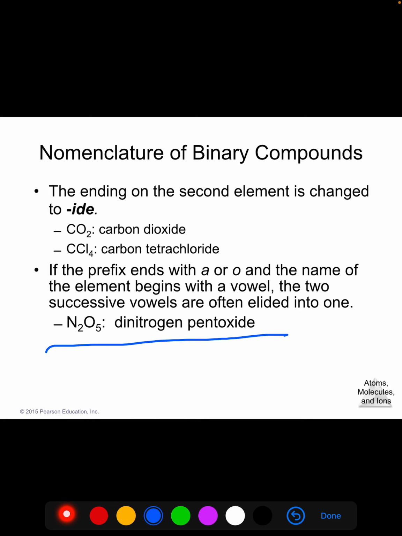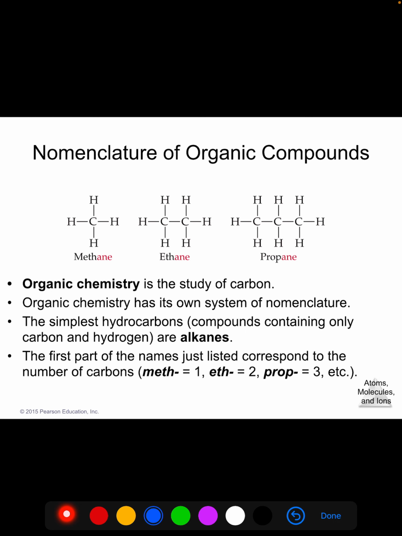And if you have, for example, a prefix ending with A or O, penta, mono, and the new element begins with a vowel, you combine them. So we don't say pentaoxide, we say pentoxide. Just the way it works. If you said pentaoxide, no one would say anything.